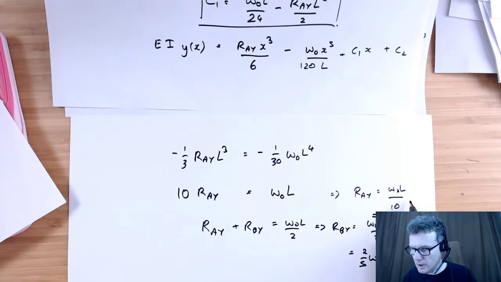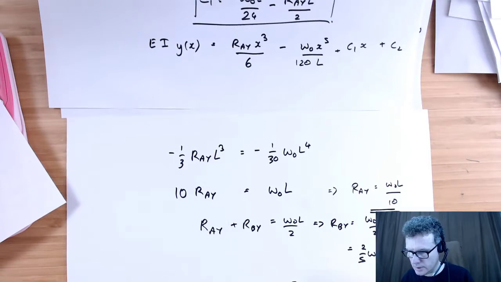RAY is 1/10 of that W0L, so that becomes 60 x to the power 3, minus W0 x to the power 5, 1/20th divided by L, plus C1. Now C1 is W0 L to the power 3 over 24.